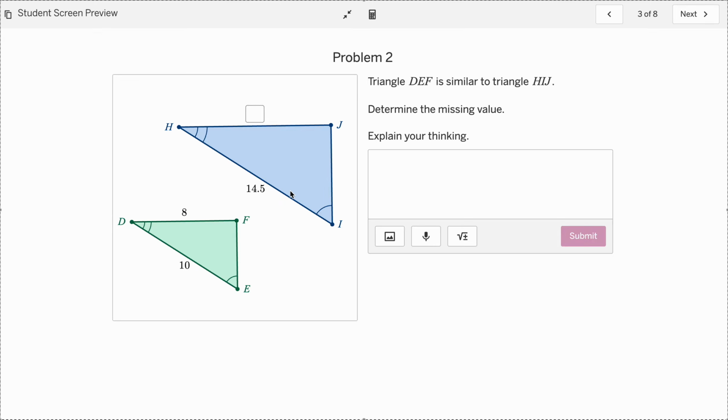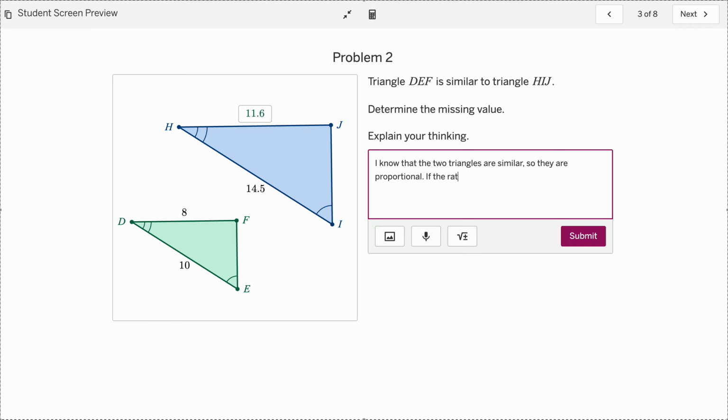So I can divide 14.5 by 1 1/4. 14.5 divided by 1.25 is going to be 11.6. I know that the two triangles are similar, so they are proportional.